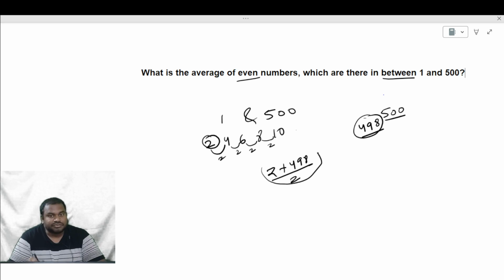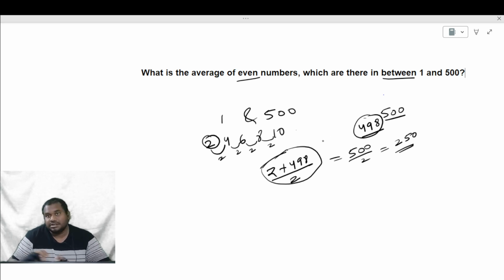If the numbers are in arithmetic progression, you must add the first and last number and divide by 2. So 500 divided by 2 is 250, the average of even numbers in between 1 and 500. Okay.